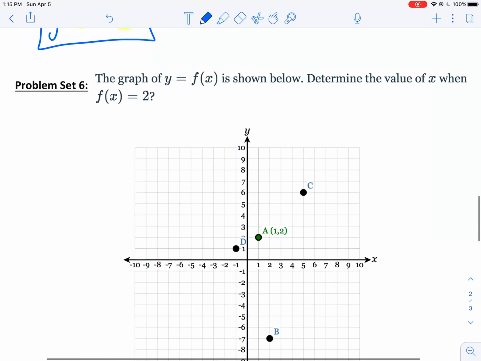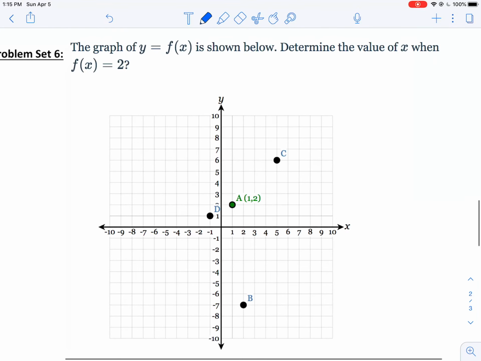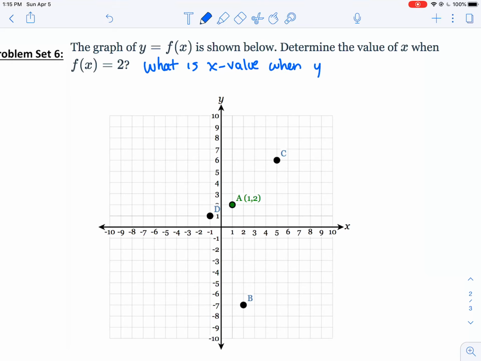All right, problem set number 6, which, nope, not the last one. It says the graph of y equals f of x is shown below. Determine the value of x when f of x is 2. Okay, so this is basically asking you, what is the x value when y is equal to 2? Okay, so let's go to our graph.